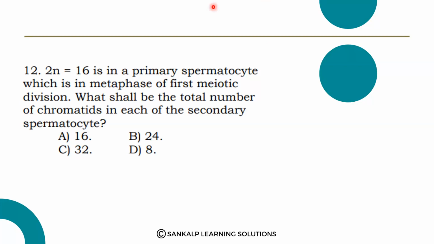What is your response? They are asking chromatids. Option A is 16, B is 24, C is 32, D is 8. Jyoti answered it. Okay. What about others?